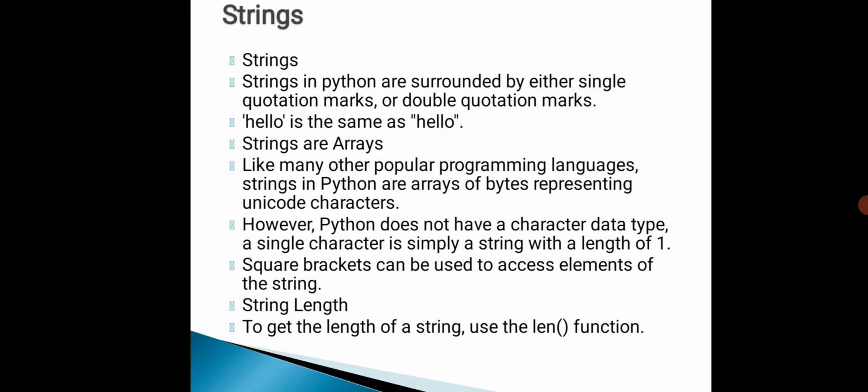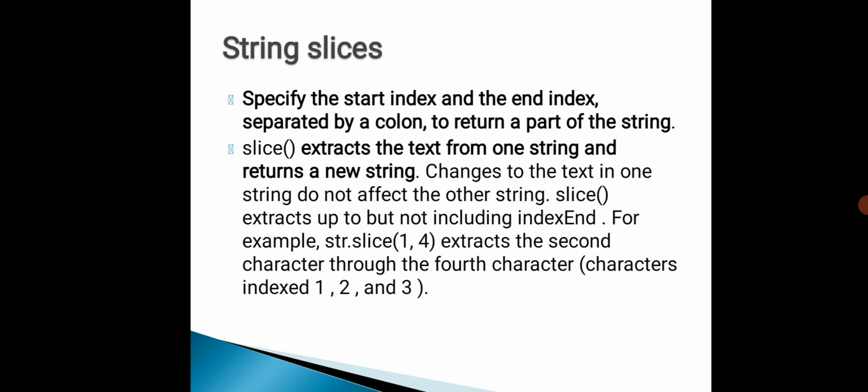Square brackets can be used to access elements of the string. To get the length of a string, use the len function. String slices specify the start index and the end index separated by a colon to retain a part of the string.